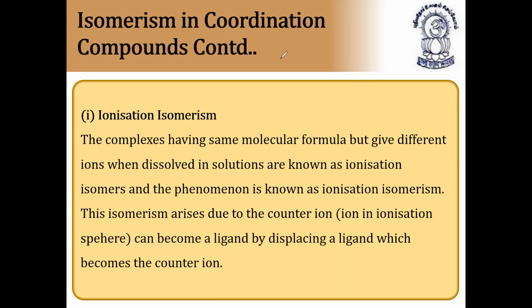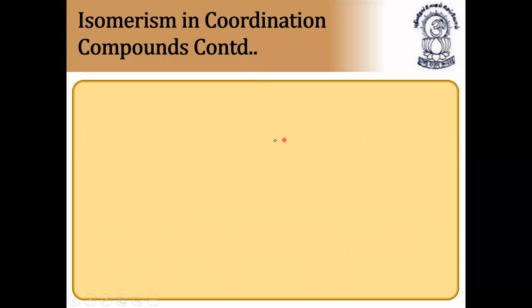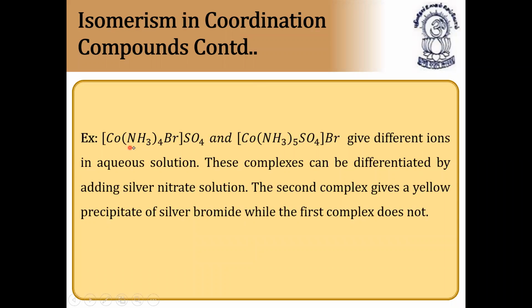Let us see now examples for this, so that you can understand it in a better way. The example is tetraammine bromido cobalt(III) sulfate, where the oxidation state of cobalt is +3.